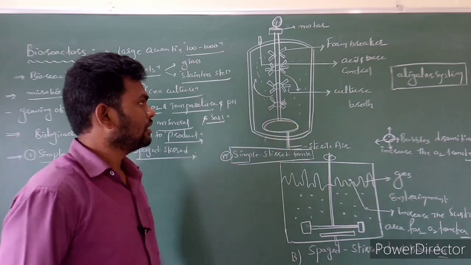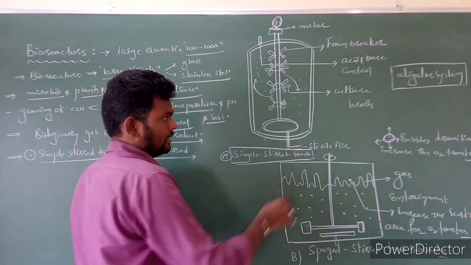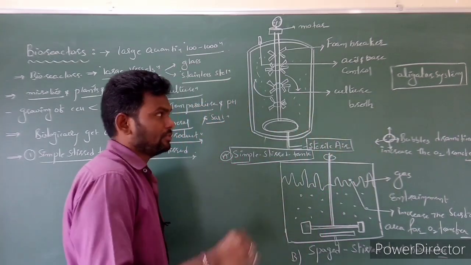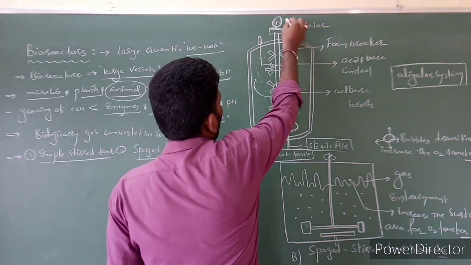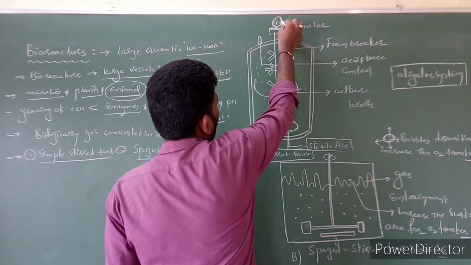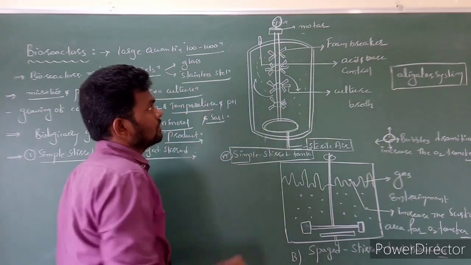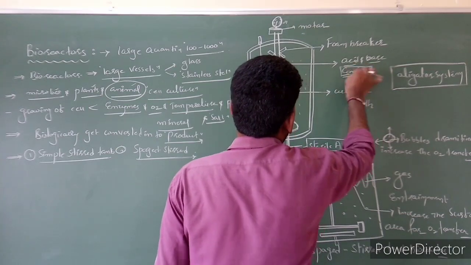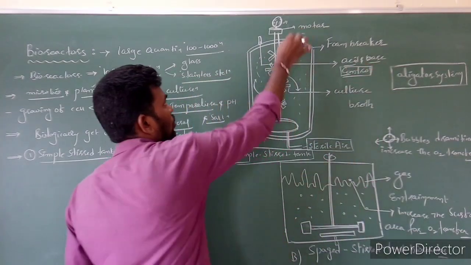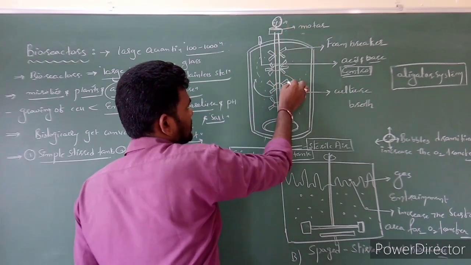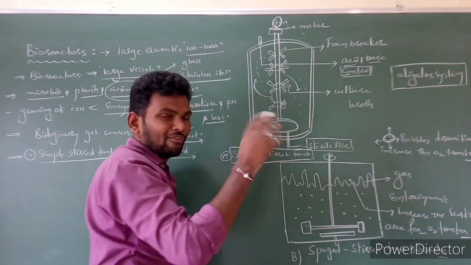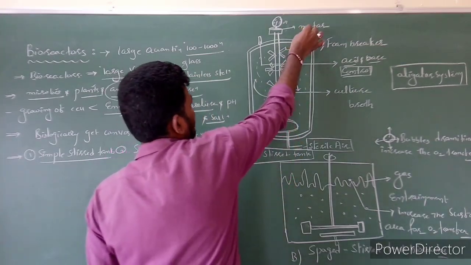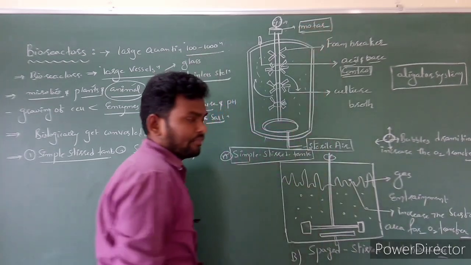In this tank, one sterile air passing tube is there, and here one motor, and this is for pH control, an acid base as well as pH control machine. The motor is useful for moving the plates, rotating from right side to left side, left side to right side. So the system is there.